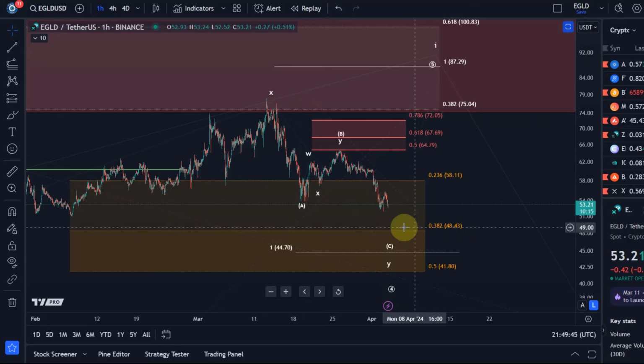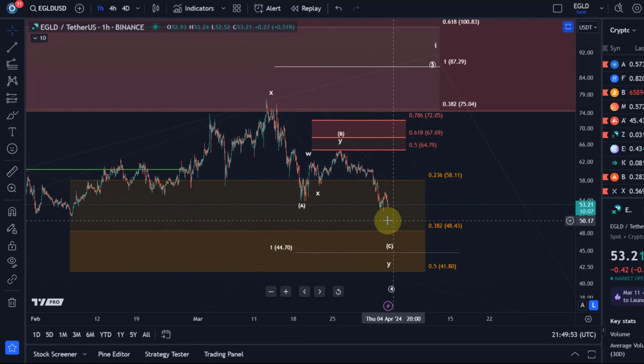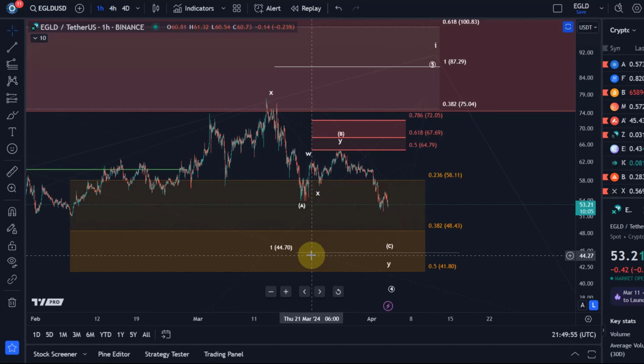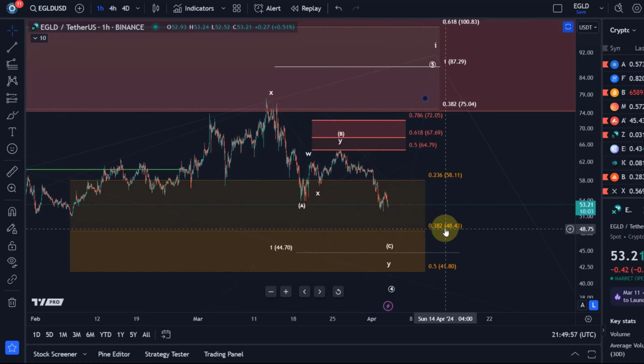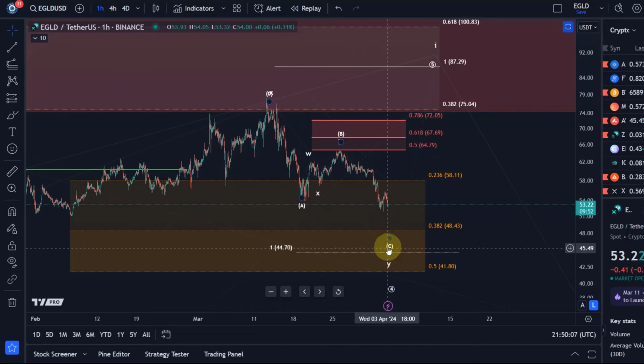So I'm looking at specifically the area between $48.40 and $44.70 for a low, or the potential to reverse there. $44.70 should really be reached, but the 38.2 fib retracement at $48.40 is the ideal target. $44.70 is the ideal target for the internal structure, for the C wave.